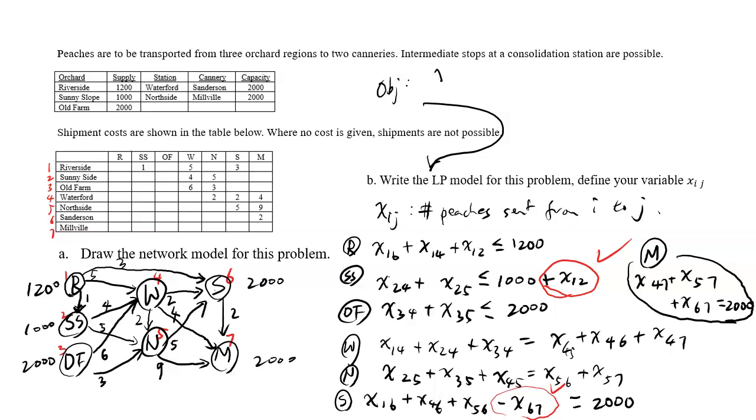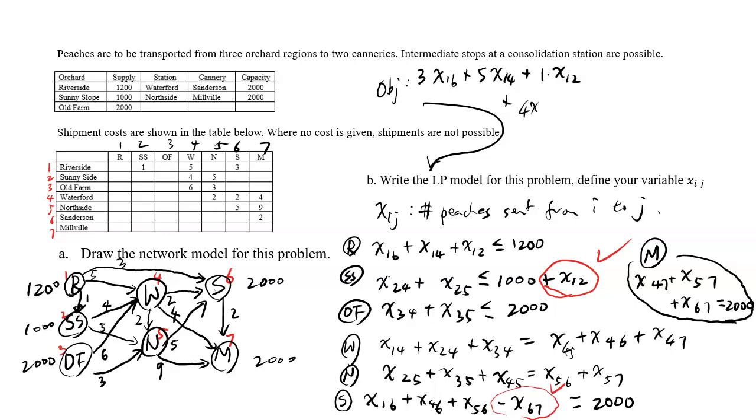So okay, x1 6 times 3, x1 4 times 5, x1 2 times 1. I guess it's easier to use this numbering. Okay, so it's 1, 2, 3, 4, 5, 6, 7. Okay, good. So let's go 2, 4.